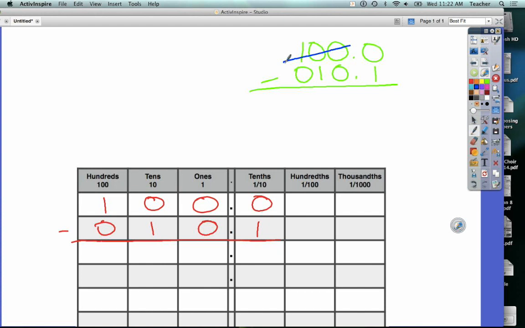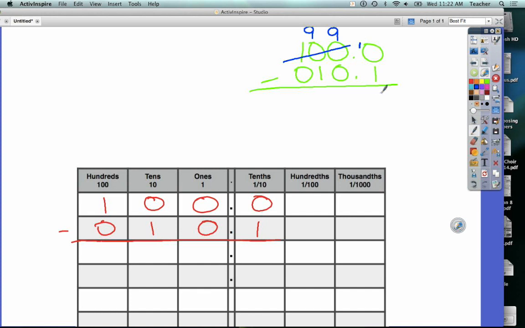So what's 100 minus 1? It is 99. So I'm going to put 99 above. And now I've borrowed, right? So I can add 10 here. So what's 10 minus 1?